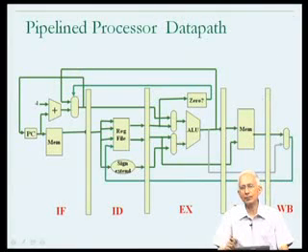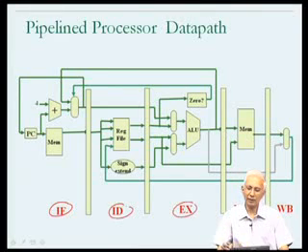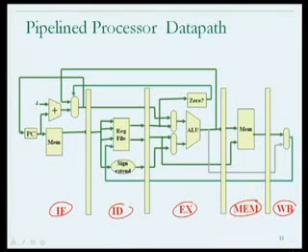Right, so if I look at the pipeline from this perspective, we now have this picture of the 5 pieces of hardware associated with instruction execution, exactly as they were before. But there is this notion of one instruction, let's say instruction I5, being fetched, while instruction I4 is being decoded, while instruction I3 is being executed, and instruction I2 is using the MEM hardware, and instruction I1 is being written back.